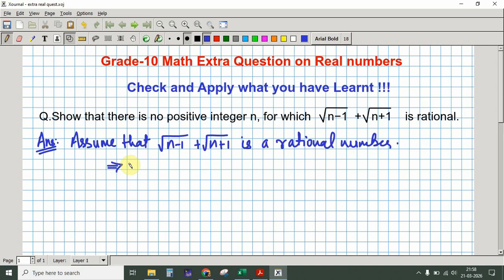Which implies it can be written in this form: a upon b, where b is not equal to 0 and a and b are coprime integers.